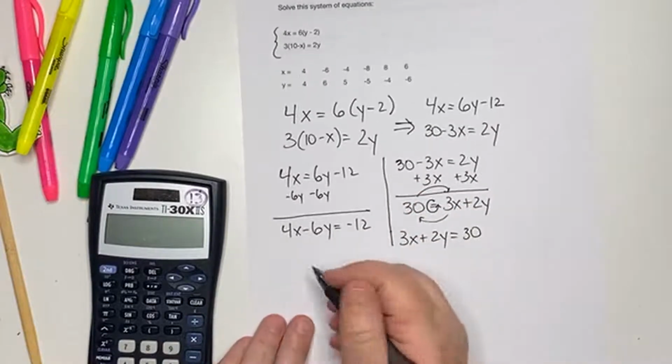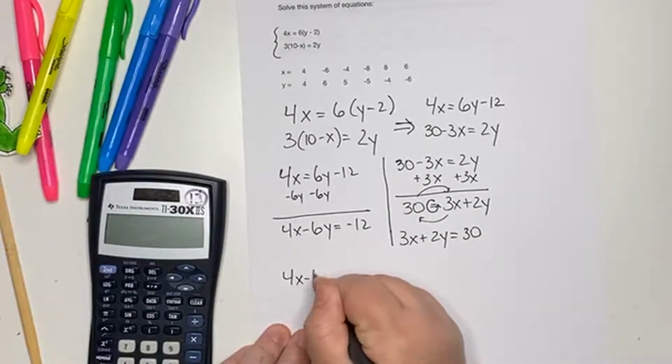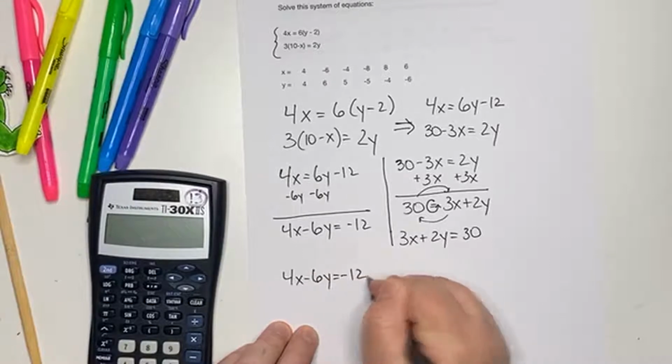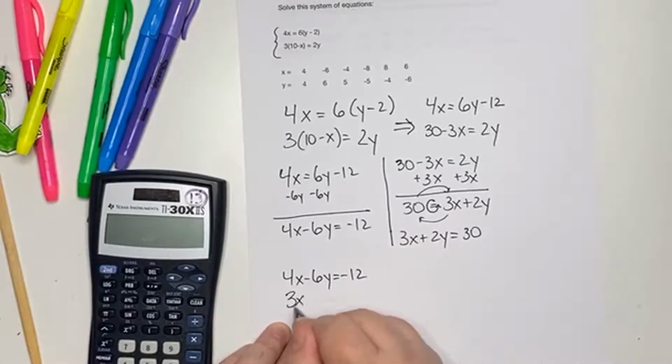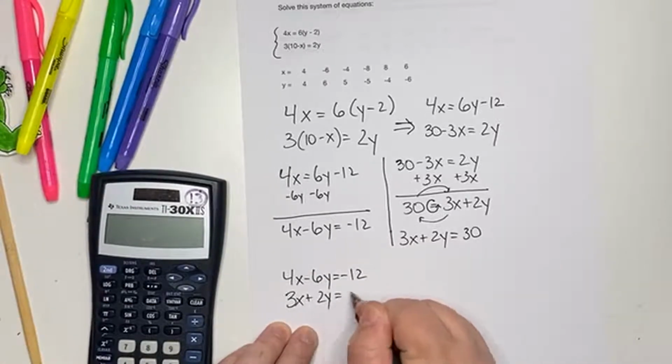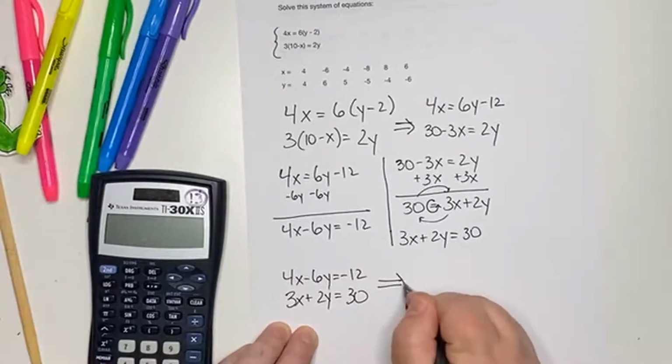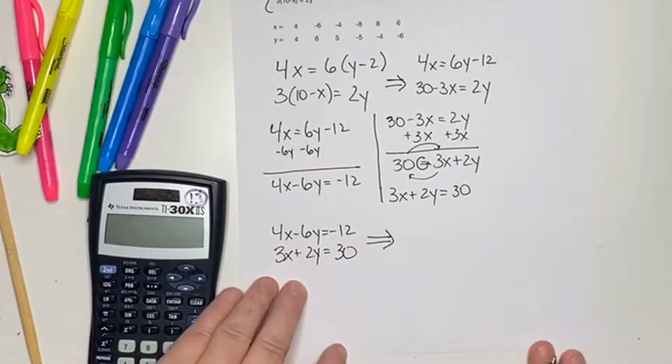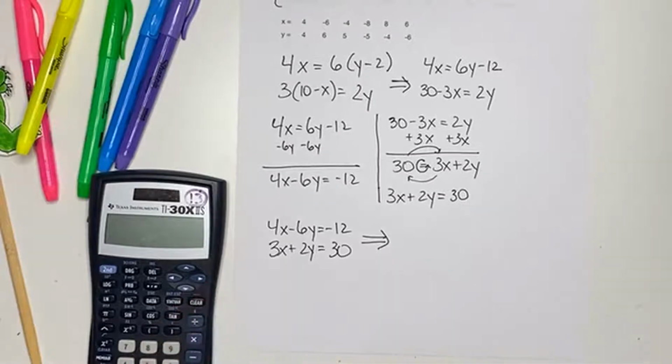Now I actually have a system of equations. 4x minus 6y equals -12, and 3x plus 2y equals 30. And now I can go ahead and start solving it. And again, I'm going to use elimination. But if you would prefer, you are, of course, always welcome to use substitution as well.